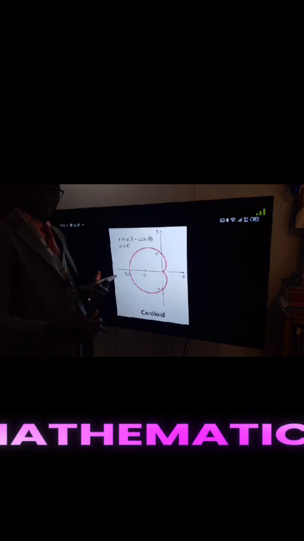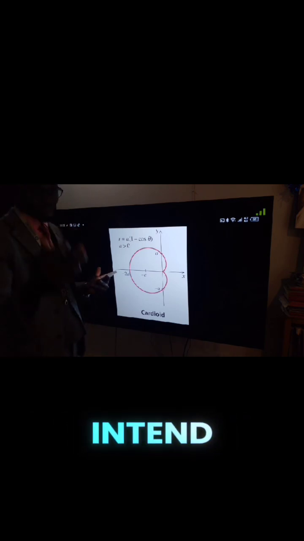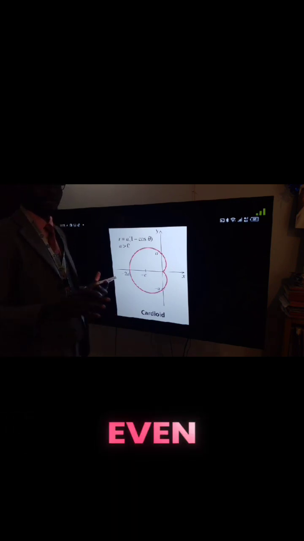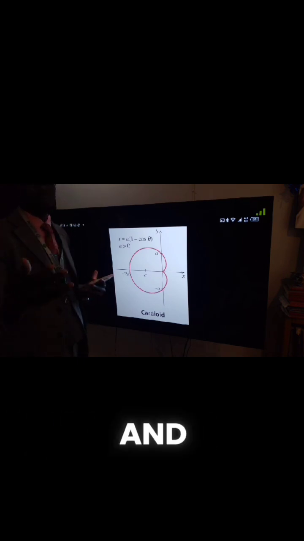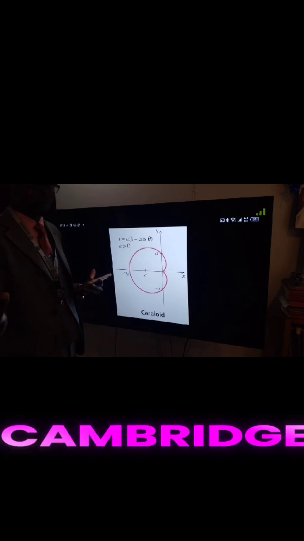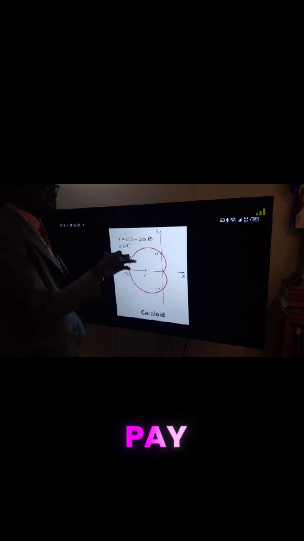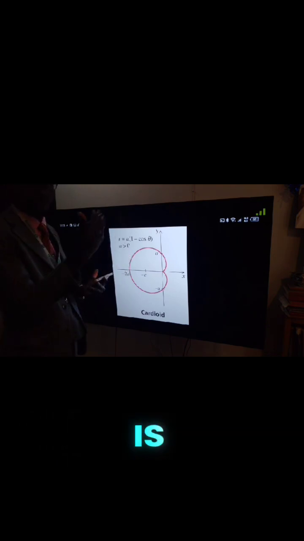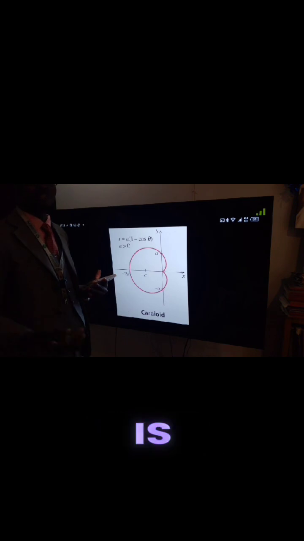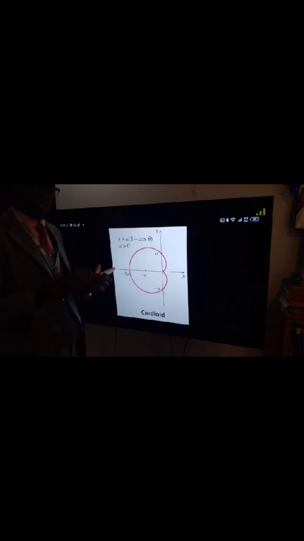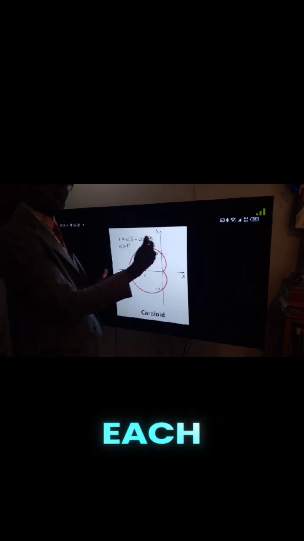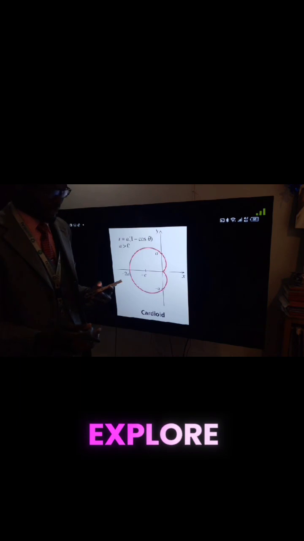This is more advanced mathematics for those who intend to pursue their masters in mathematics, especially in pure math, and also those who are doing international standard examinations like the international Cambridge examinations. It is good you pay attention, even though some of these concepts are more advanced for year 12, 13 and 14, but some of them are required in year 12 examinations. Ideally, it is best for you to know what to expect in each of these functions as we explore them together.